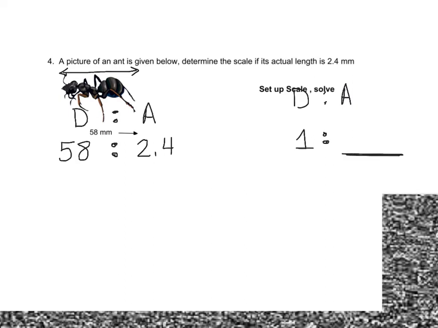And so the only way that we can do that is we take a look at the number over here on this side, and it's 58. Now, whatever you do to one side, you got to do the exact same thing to the other side. In order to change this so that the 58 is a 1, we're going to divide both sides by 58.